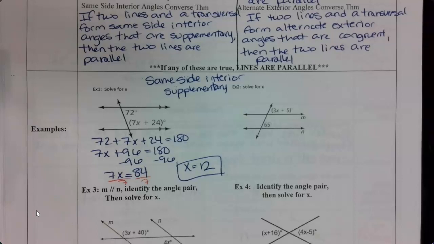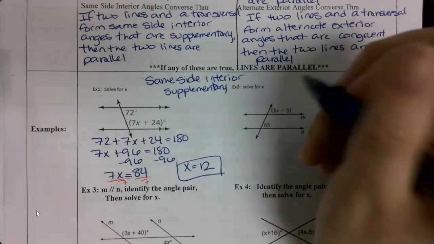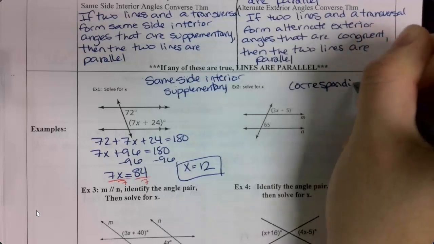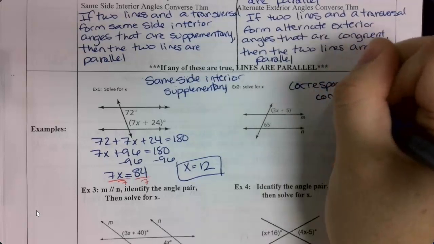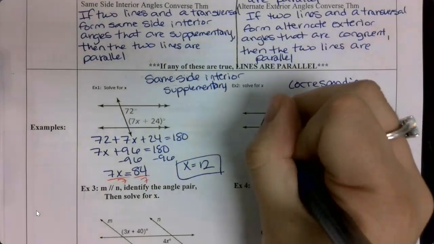Okay, so on number 2, what kind of angles are those? They're congruent, but what's the special name for them? They're in the same spot on both lines. Corresponding. So because they're congruent, I'm going to set these two equal to each other.